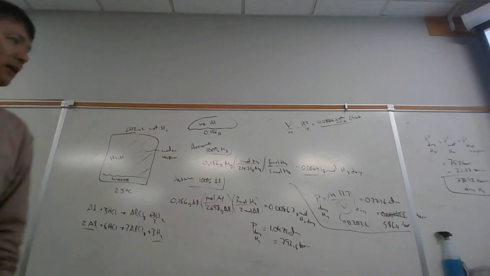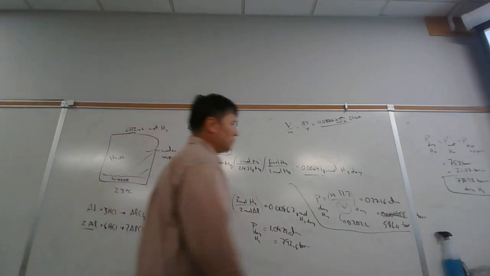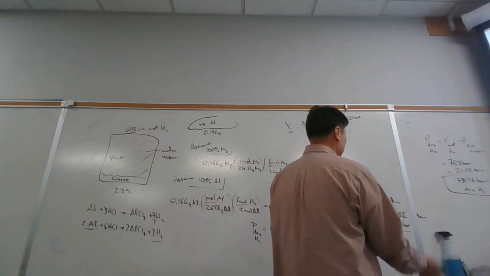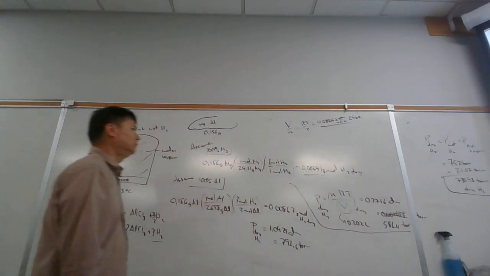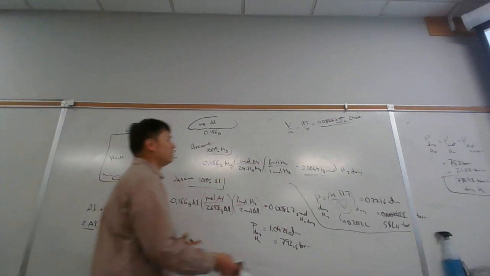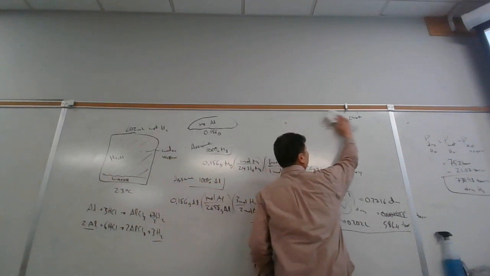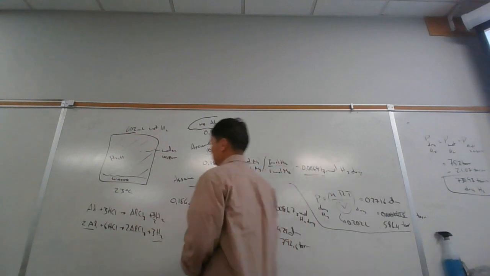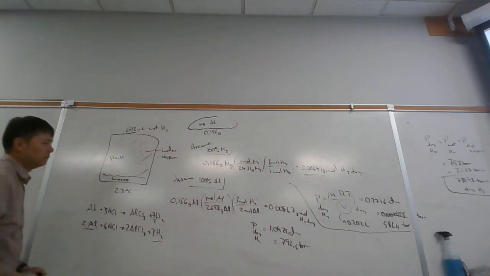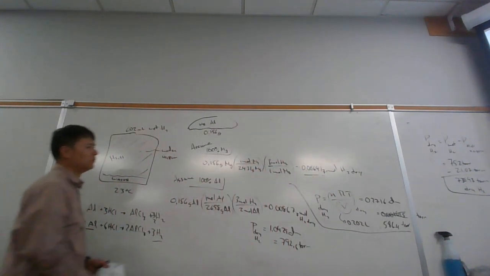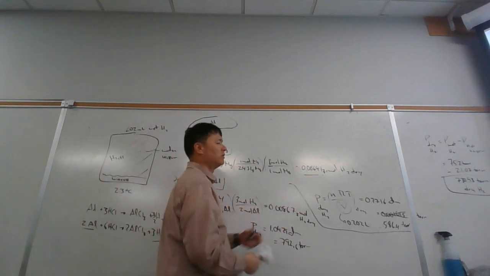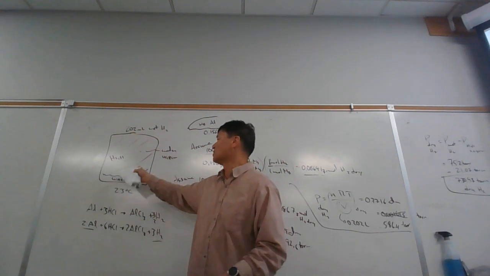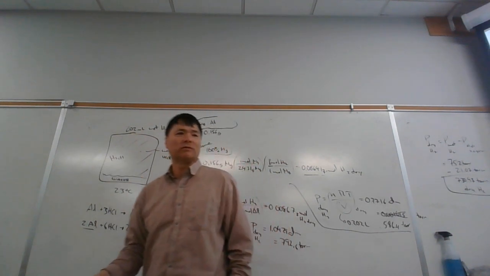But it's fine. You could use Avogadro's or you could use Dalton's. If we use Dalton's, we don't need the molar volume. I would have just tacked on the molar volume here and calculated the volume of dry hydrogen using Avogadro's.